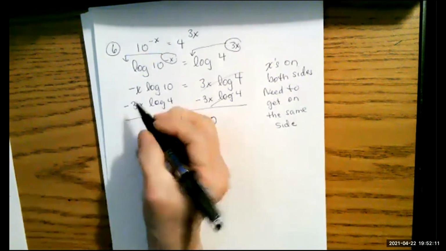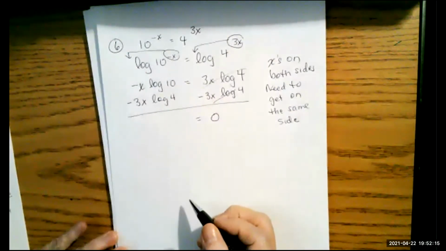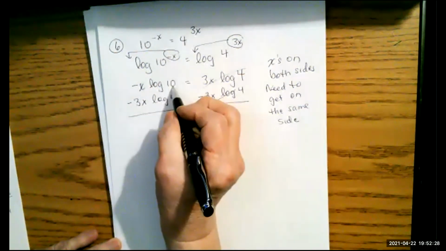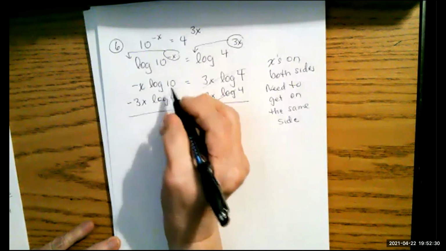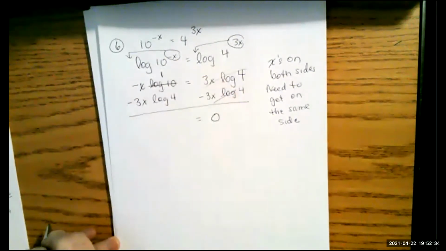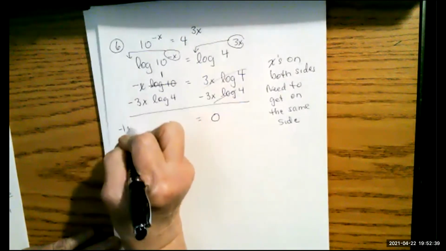Okay, now then, what I want you to do now is let's figure out what these numbers are. What is log 10 in your calculator? Should be 1. Log 10 should be 1. So 1 times negative x, my bad.